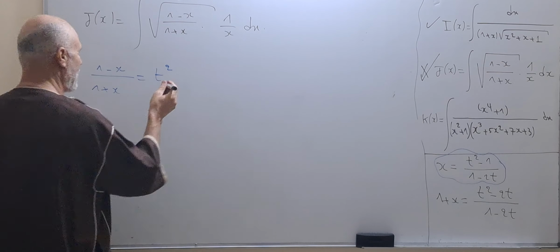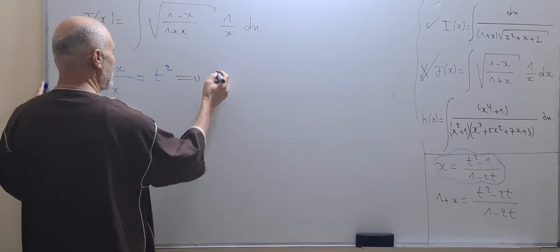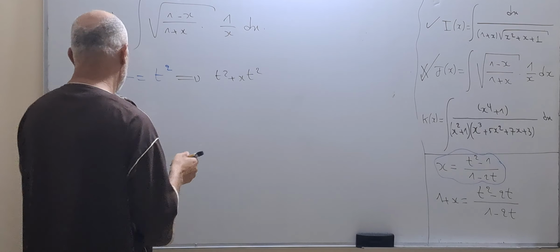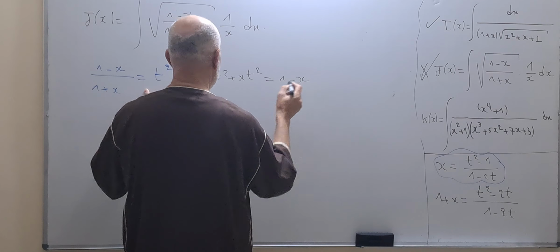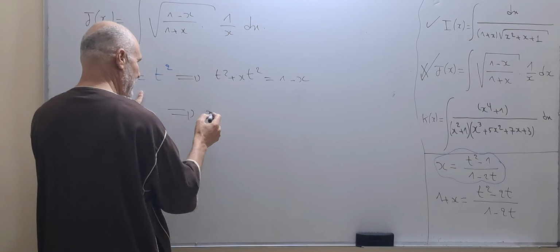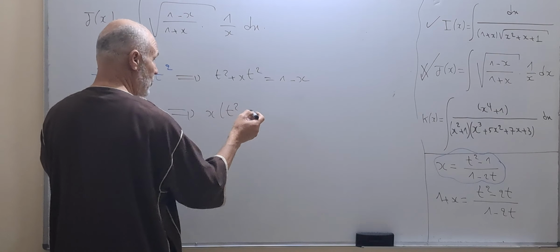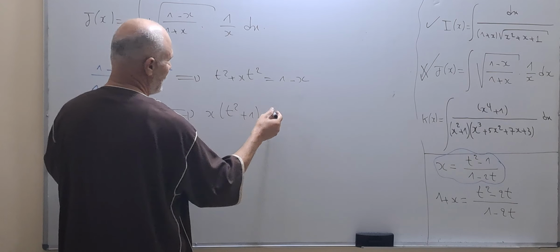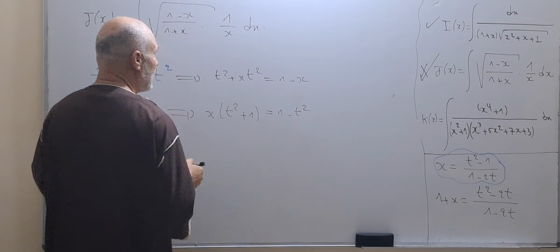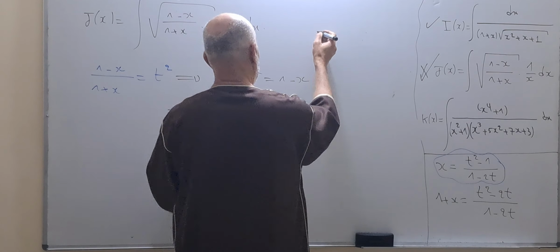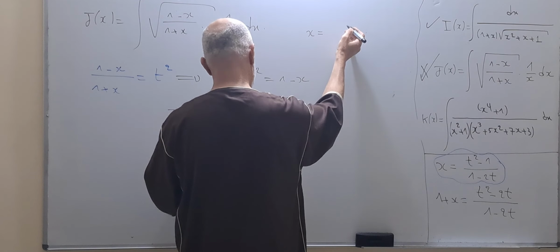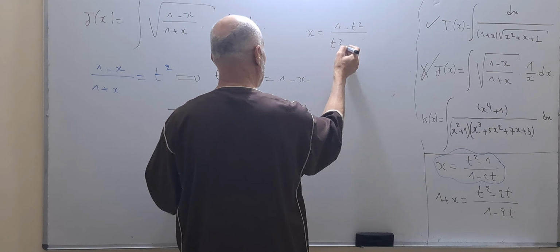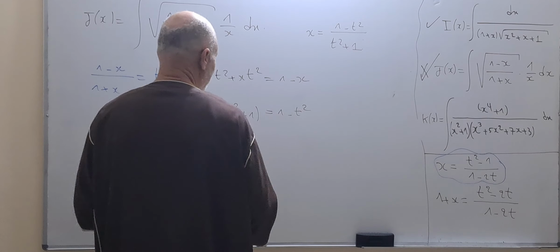From this formula, we get t squared plus x t squared equal to 1 minus x, which gives x times (t squared plus 1) equal to 1 minus t squared. So the first formula is x equal to (1 minus t squared) over (t squared plus 1).